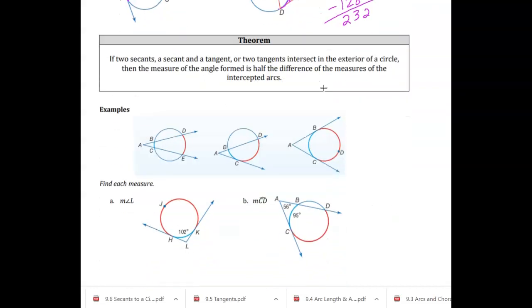All right, the second theorem. We've seen this before, this third scenario, but there's two new scenarios that are also true, so I thought I would add that in here. We can have two secants, that's right here because they go through the circle. We can have a secant and a tangent.